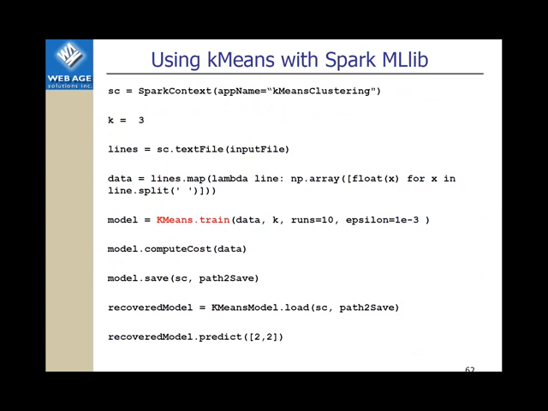We've got 10 runs, 10 threads of execution. Epsilon, that's the tolerance level. And the model is built, so it will take some time, let's say a minute. The model is built. You can calculate the cost. Essentially, it gives you some metrics to assess how accurate the system is, what is the error rate.